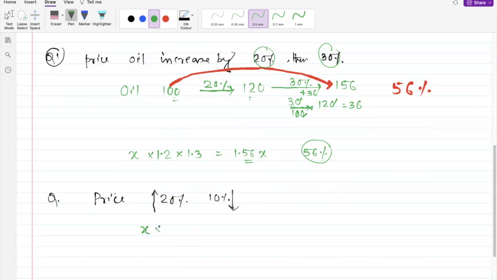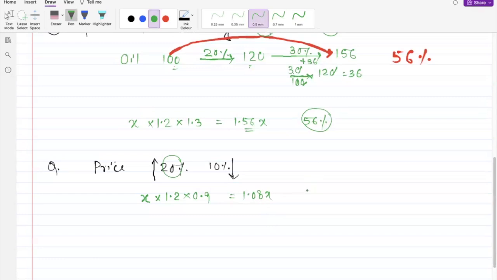So the price was X. Multiply by 1.2 for the sake of 20%. And then for the reduction of 10%, I multiply by 0.9. 1.2 into 0.9 makes it 1.08x, which will lead to an 8% positive change.